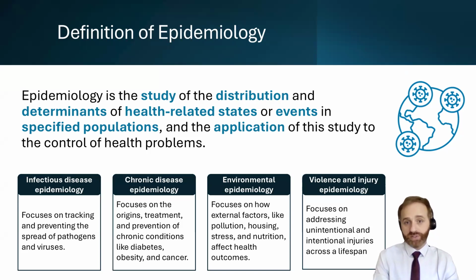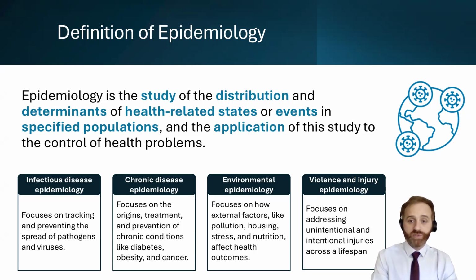We do a study in order to understand the distribution and determinants of health-related states or events. When we say health-related states or events, we mean general health-related conditions, either chronic, acute, infectious, or non-infectious, or maybe injury-related conditions. We apply our understanding in order to control or prevent the problem from happening initially.